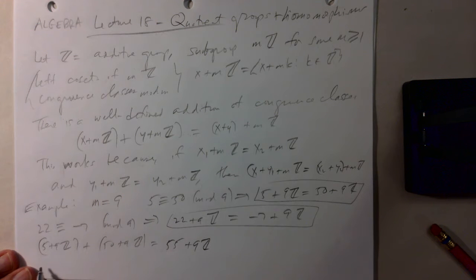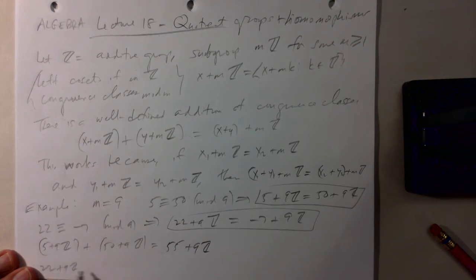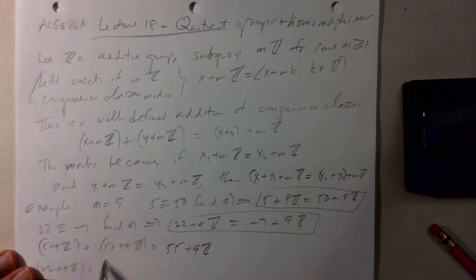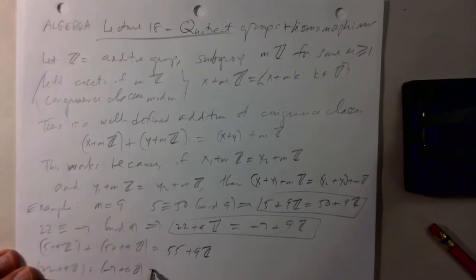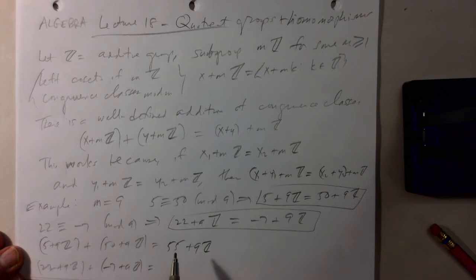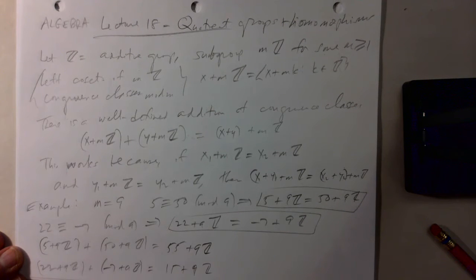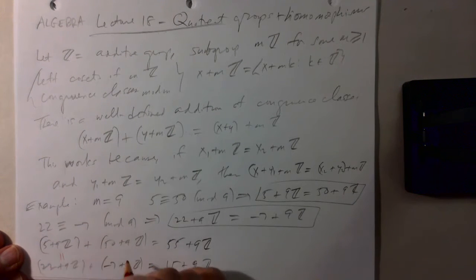If we add 22 plus 9Z to minus 7 plus 9Z, we get 15 plus 9Z. But these have to be the same because these two congruence classes are equal and these two congruence classes are equal. But what about these?